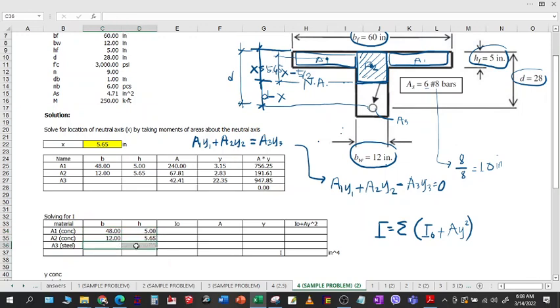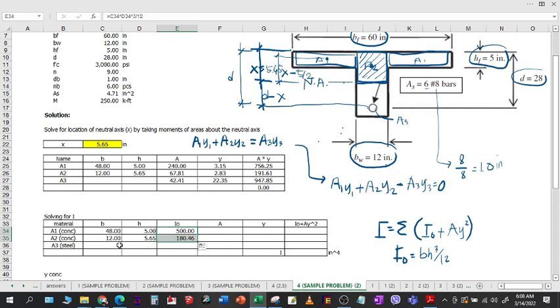So let me just copy, equals, referring to the cell, okay, so I'm trying to reference the table above, and IO is BH cubed over 12. So we have equals B times H cubed over 12, and then drag it below.